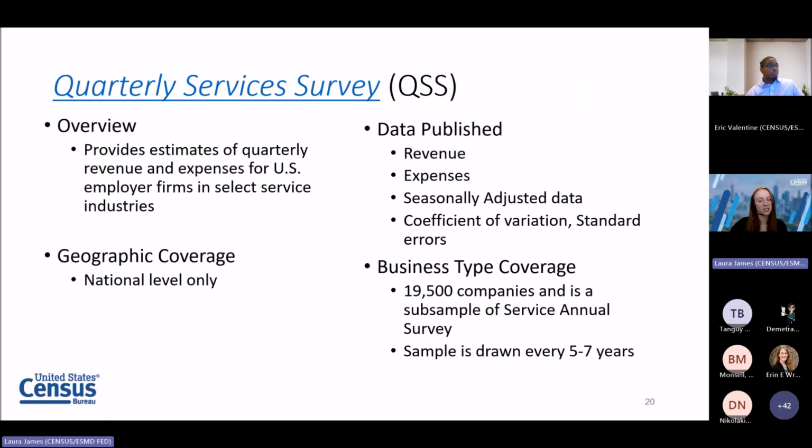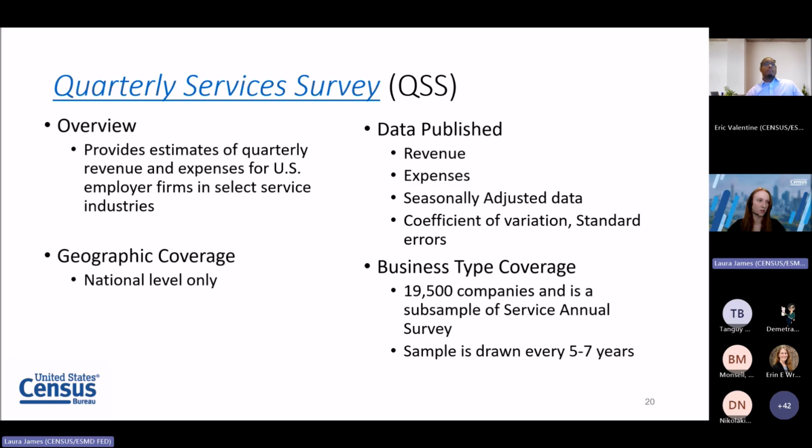Lastly, there's QSS, the Quarterly Services Survey. This one provides estimates of quarterly revenue and expenses for U.S. employer firms in select service industries. It publishes revenue, expenses, those measures of error again. We provide the seasonally adjusted data, similar to the monthly surveys. This is only on the national level.